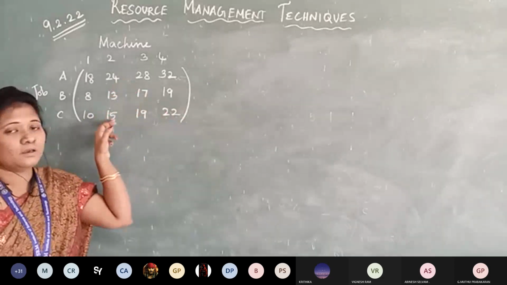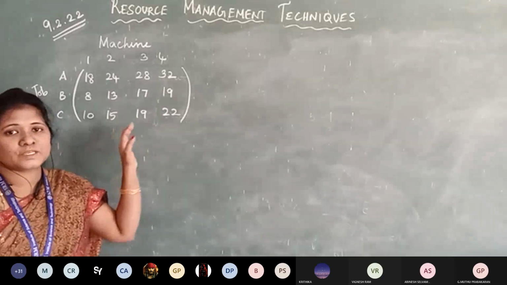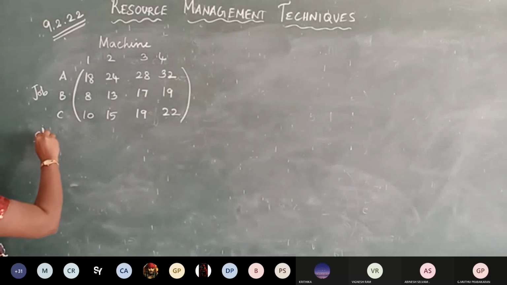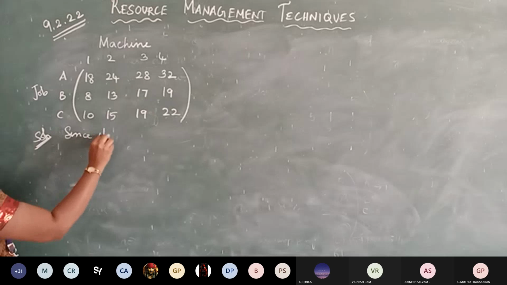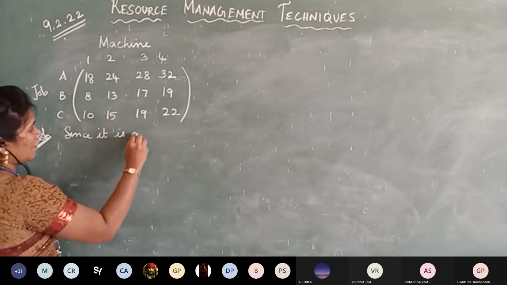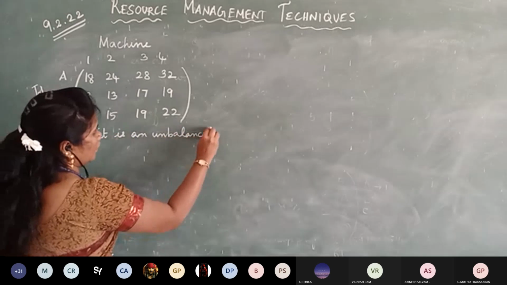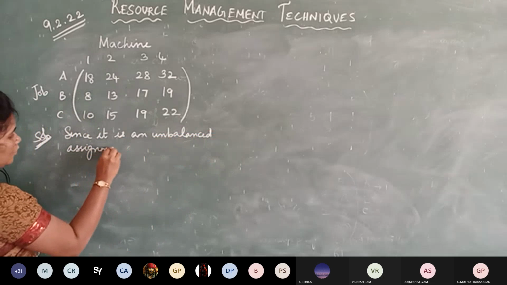Row is only 3. So you will add an extra row, so that your rows and columns are equal. So your first step in your solution, since it is an unbalanced assignment problem, you write, since it is an unbalanced assignment problem, what you do?